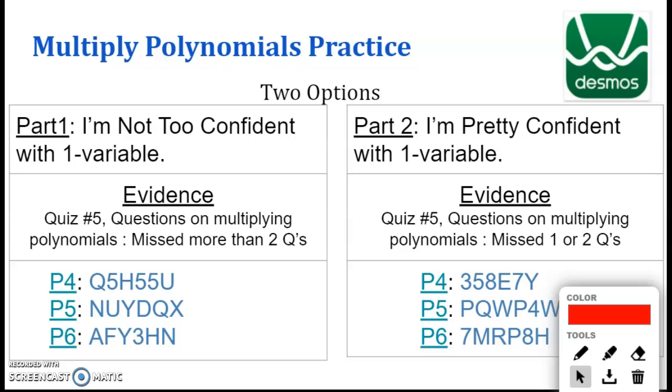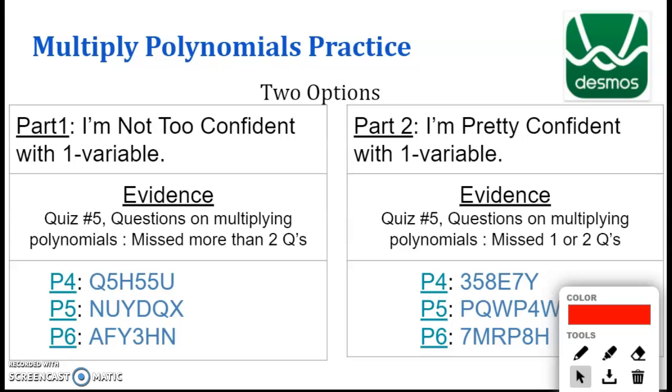The basis for deciding whether you are confident or not, you can certainly look at your quiz number 5, and I actually did that for you and figured out how many questions you got wrong for the multiplying polynomials, and I am going to be making a suggestion as to whether you should be doing part 1 first or part 2 first. And that was the rest of the class.